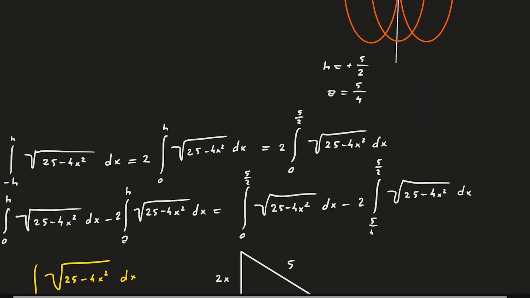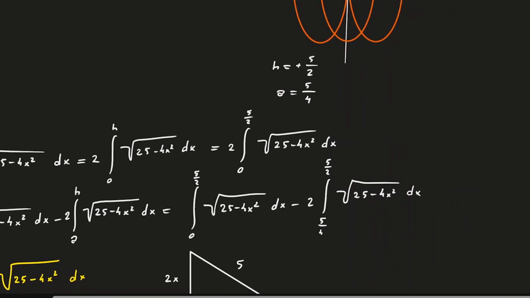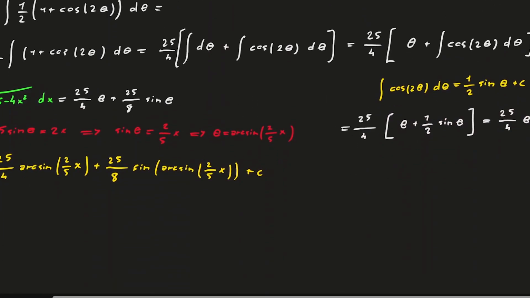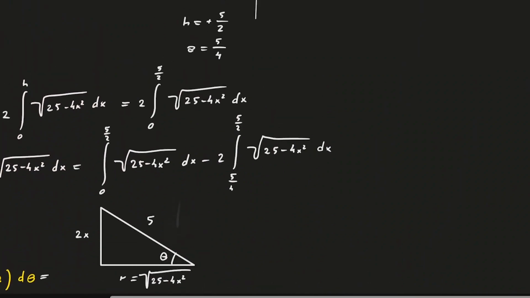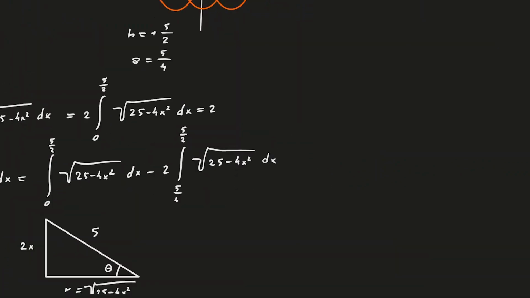This is the first one. The area of the blue region is 2 times this integral, and if we call this function f of x, so this equals 2 times this integral, that is f of 5 over 2 minus f of 0, and we're lucky because f of 5 over 2 is 25 over 8 times pi, and f of 0 is just 0.